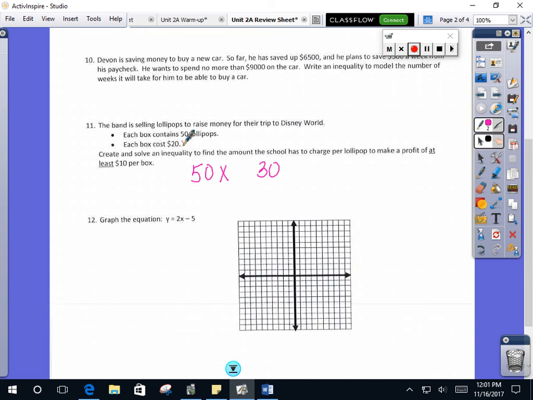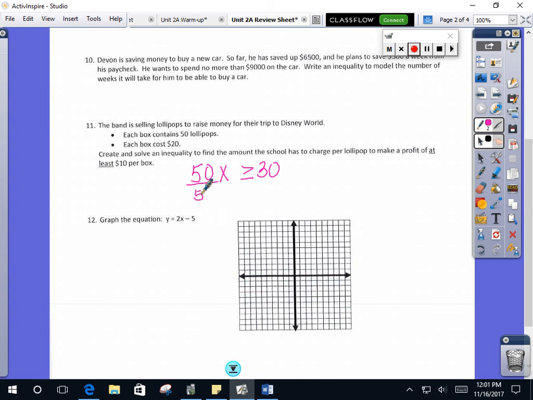Okay, let me say that again. If I pay 20 bucks for the box and I want to be able to make at least $10, don't I need to make $30 on each box? So I need to make at least 30, which is greater than or equal to 30. Now what do I do to solve for the price per lollipop?